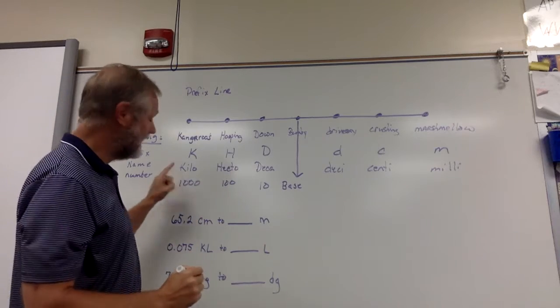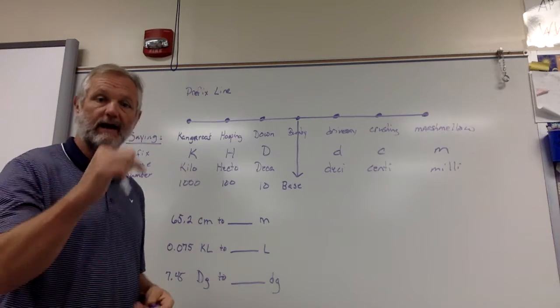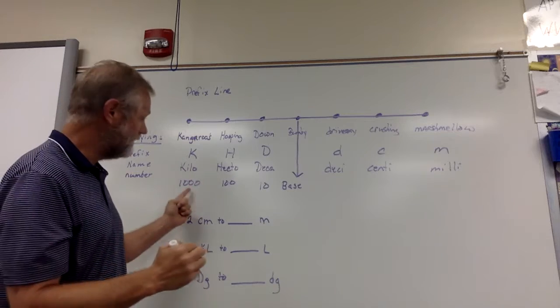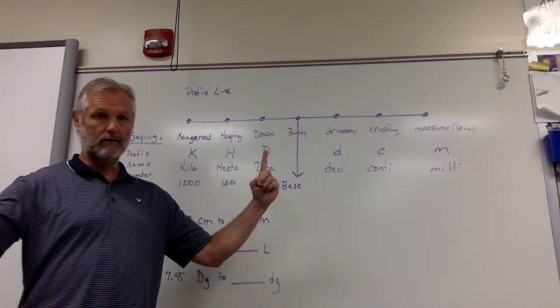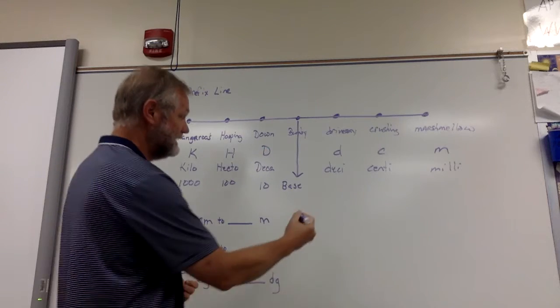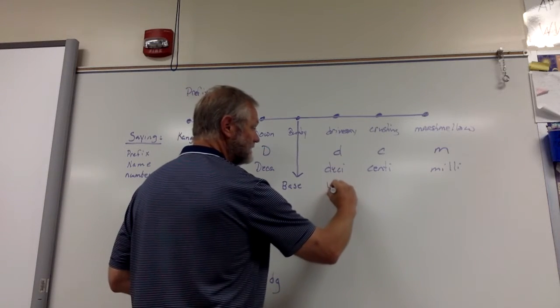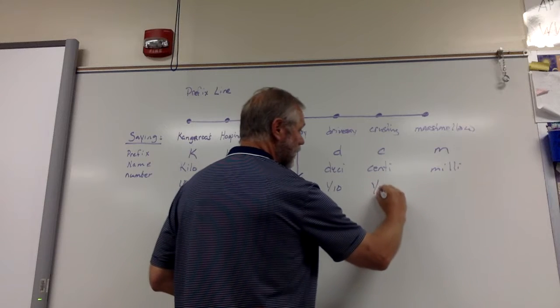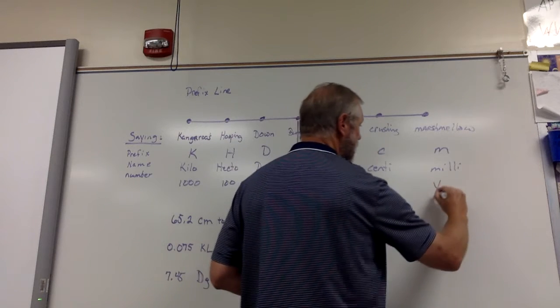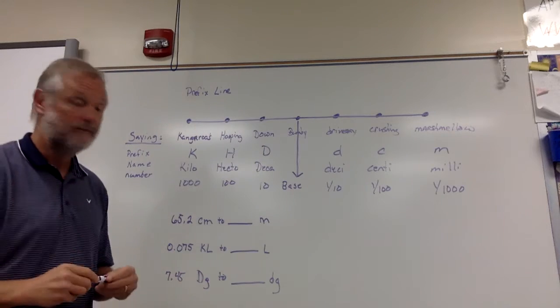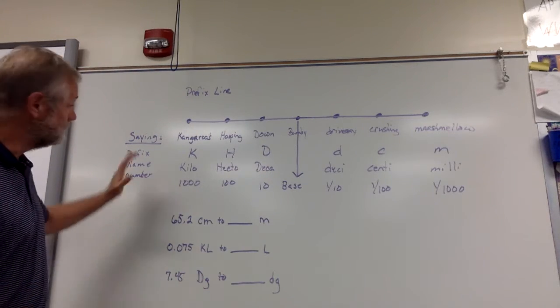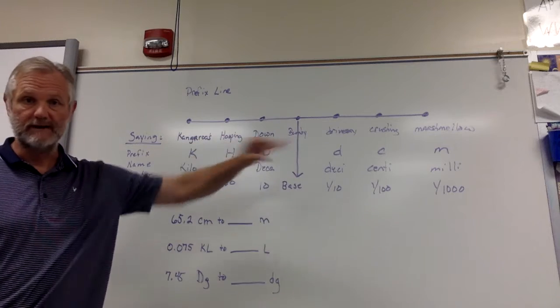So if I said I had 1 kilometer, that means that I have 1,000 meters. A meter is about that long, so I have 1,000 of them. Deci is going to be less than 1, so that's 1/10, 1/100th, and 1/1,000th. So that is going to be our different values. This is considered the prefix line.